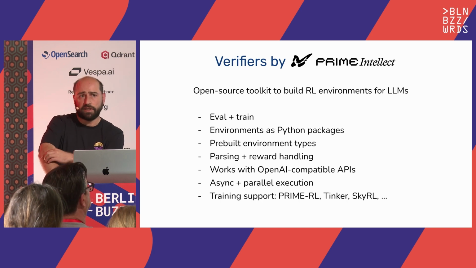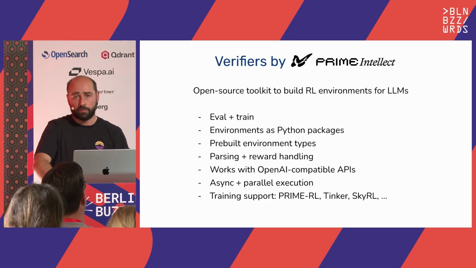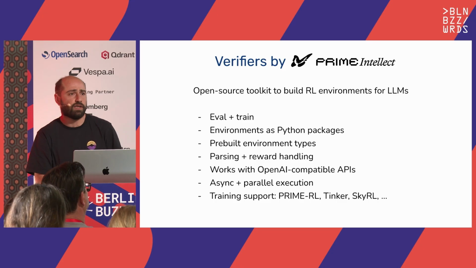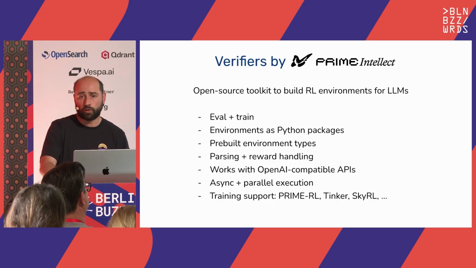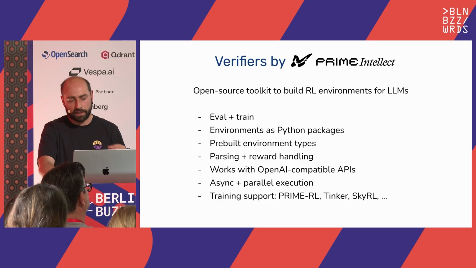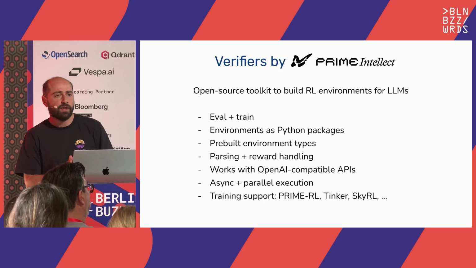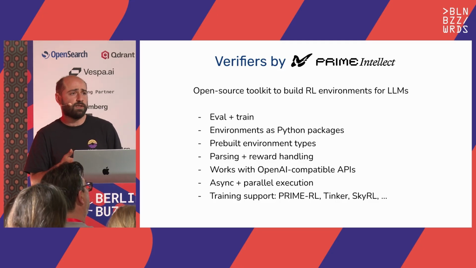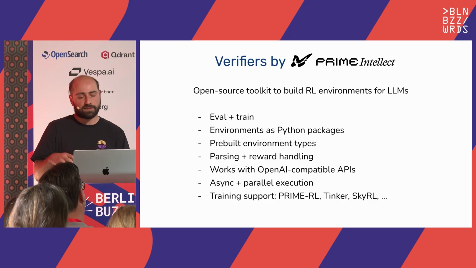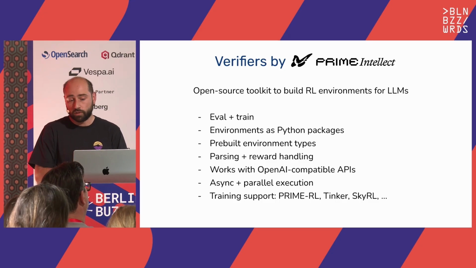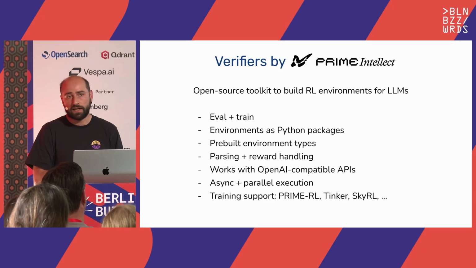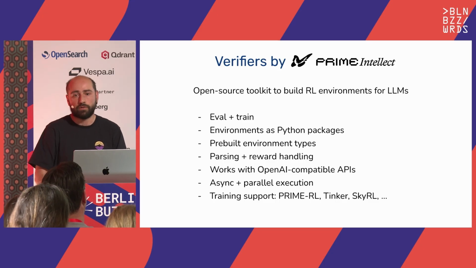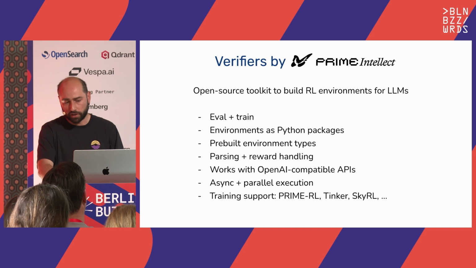And this library contains several pre-built environment types you can use and inherit from. It contains utilities for parsing the textual response and also for defining rewards. And when it comes to inference, it abstracts inference, so it works with whatever OpenAI compatible API, so also models hosted, for example, on OpenRouter, or open models served via vLLM.